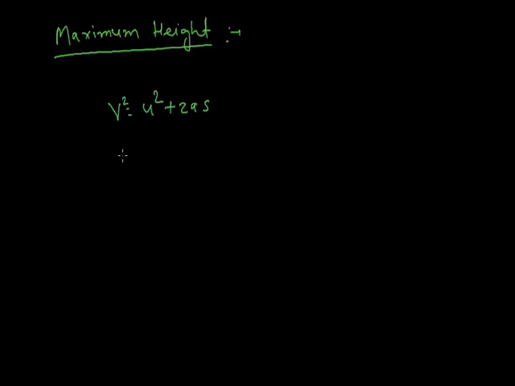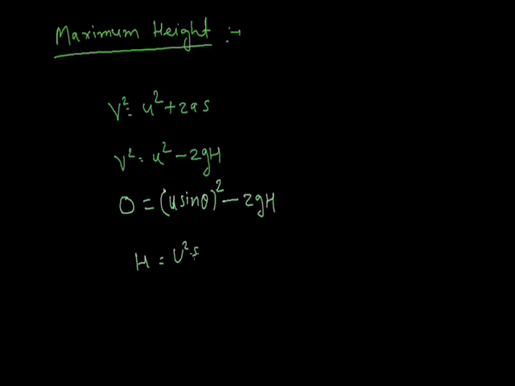S is the height, and acceleration is negative, so v is 0 at maximum height, and u is u sin theta, the initial velocity in the vertical direction or y direction. So h will be u square sin square theta by 2g.